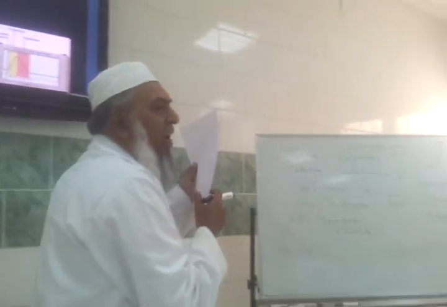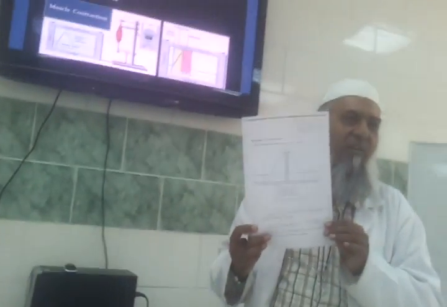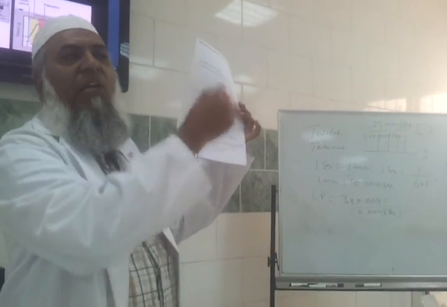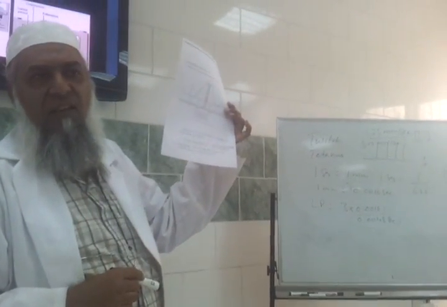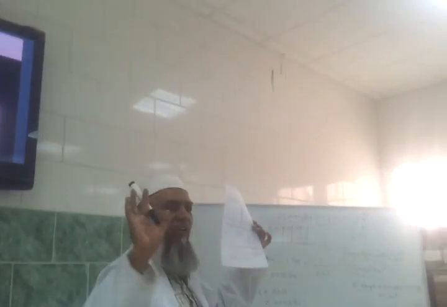Here in the formula, the same formula is used for tetanus as well. So that's why it is given twitch or tetanus height. So forget about tetanus, you are concerned only with the twitch. Okay?